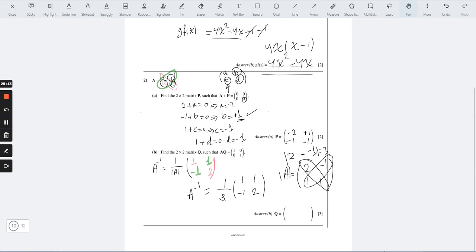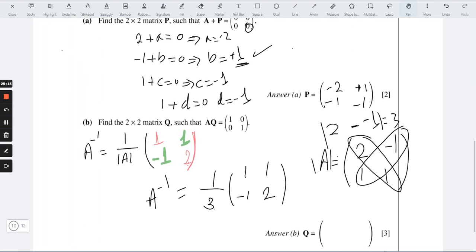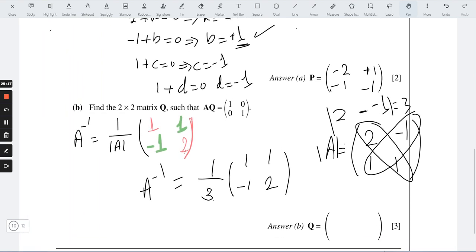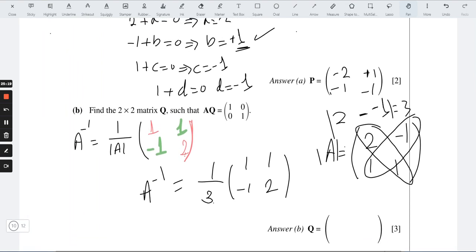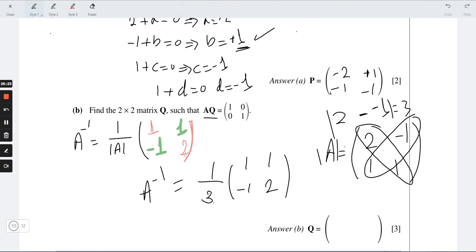And you should write it here. Sorry, this is A inverse. So if you are multiplying it by this one, you will get Q equal A inverse times identity here. You will get the same, which is 1 over 3, 1, minus 1, 1, 2. I hope it's clear.